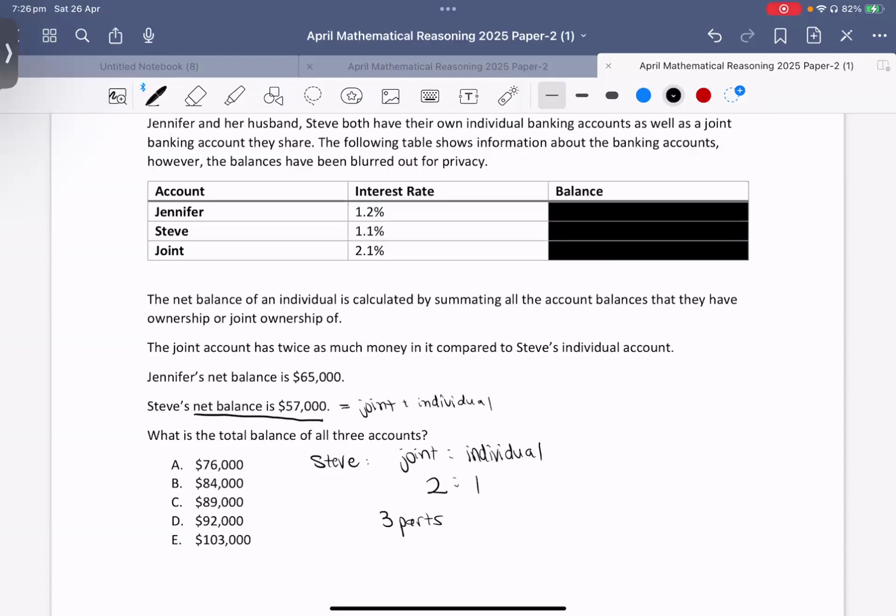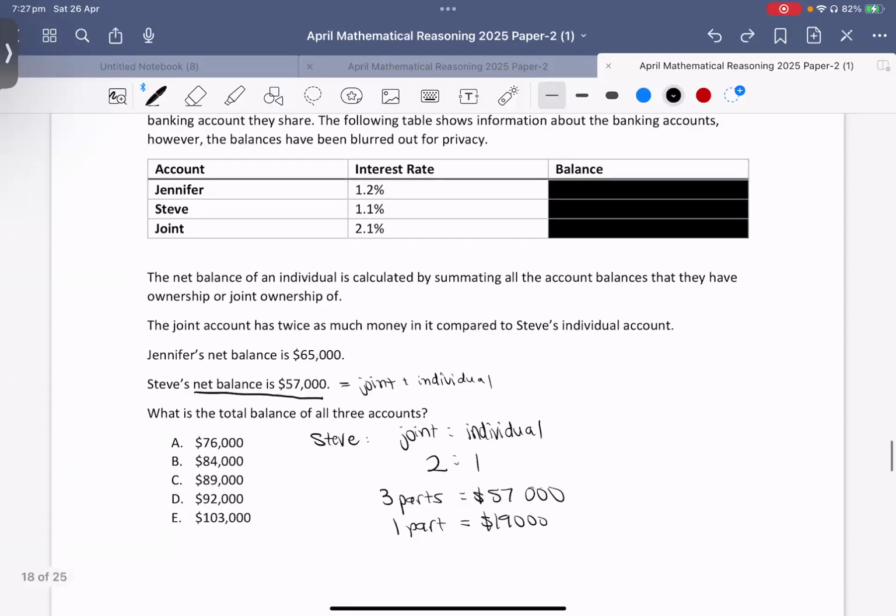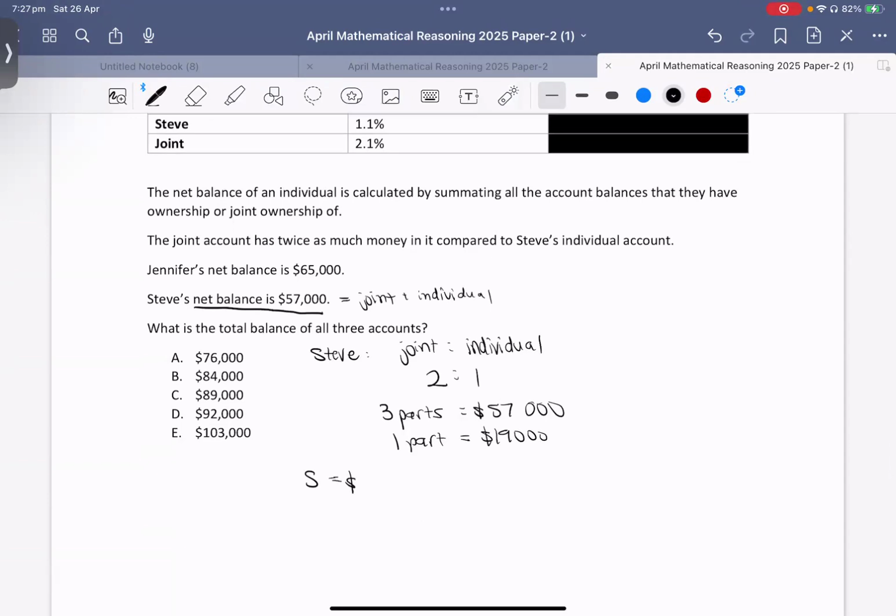We know Steve's ratio has a total of 3 parts in it, and that equals $57,000, right? If 3 parts is 57,000, then 1 part is going to be, hopefully you get it, 19,000, right? Whoops, too many zeros. Okay, so that means that in his individual account, we know that Steve has 19,000.